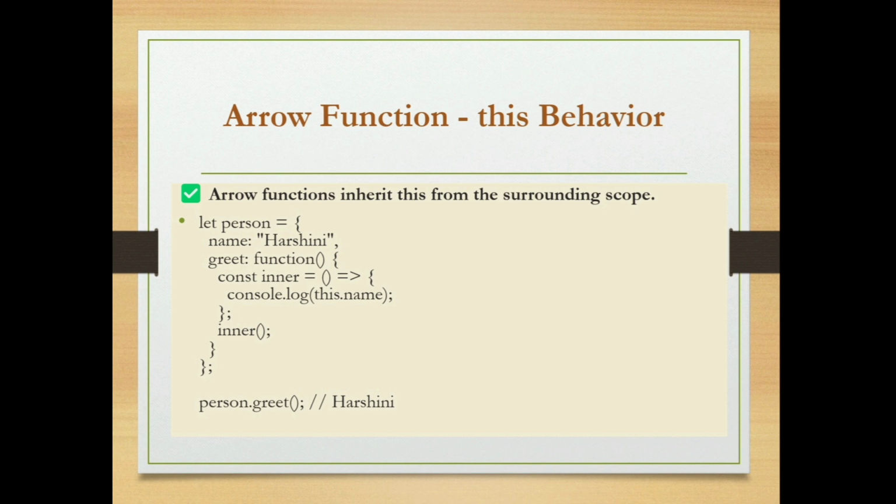Then I am calling name using console.log of this dot name. Next I am closing. Then I am printing the value of name using person dot greet. This is the example for using the this keyword in an arrow function. Next we will see its execution part.